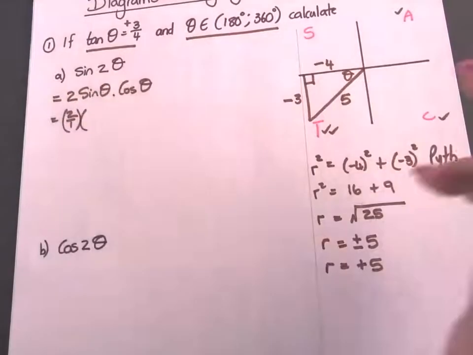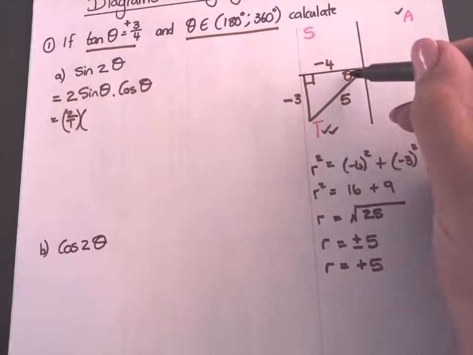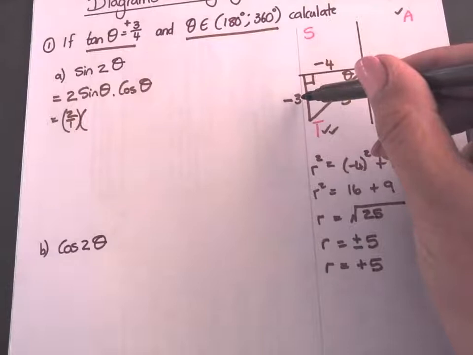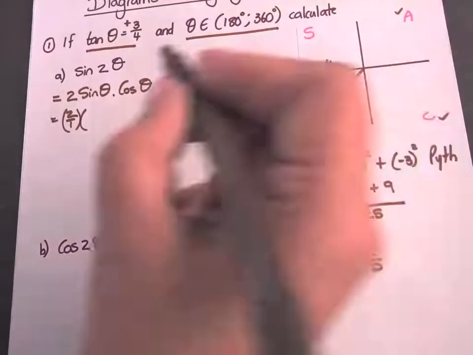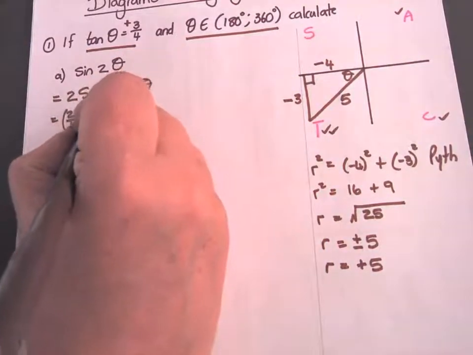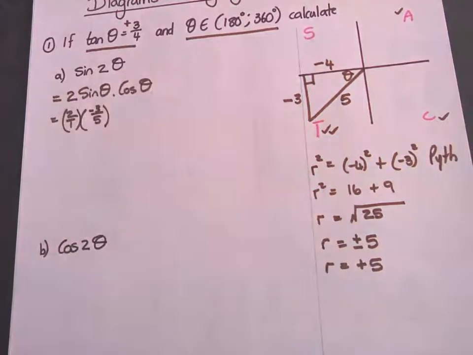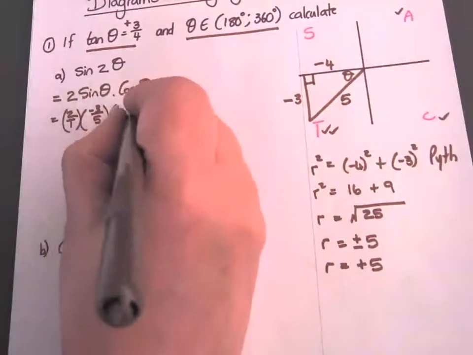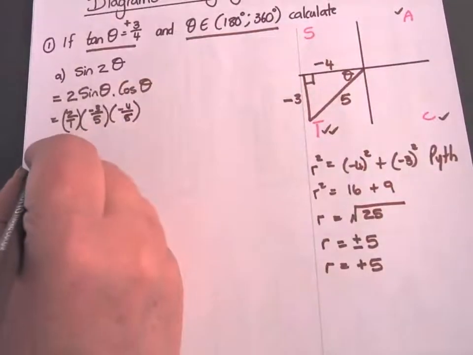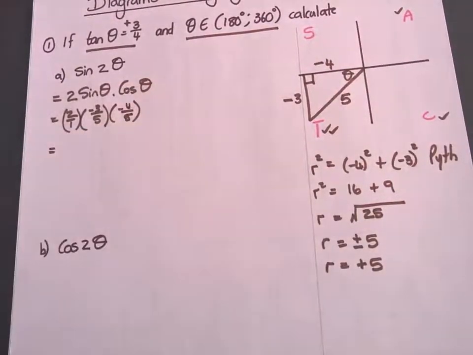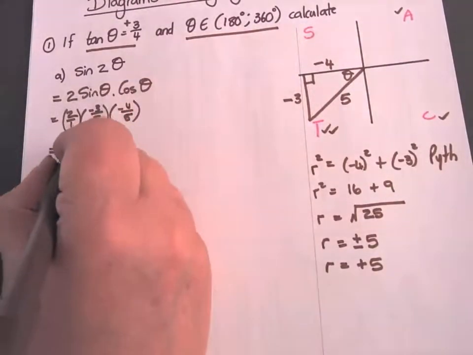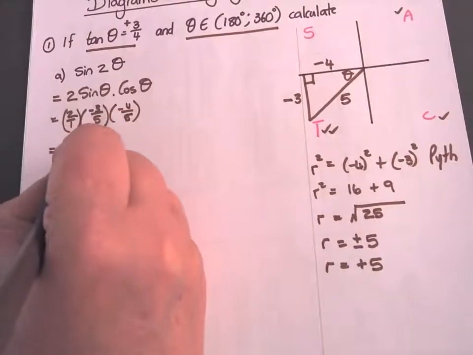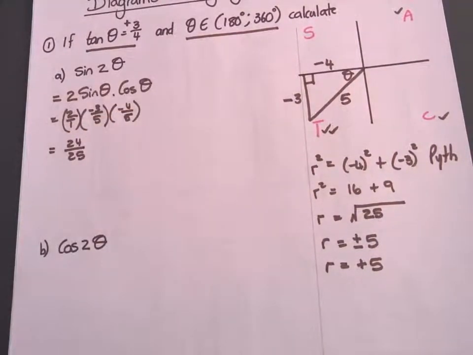Sine theta, opposite over hypotenuse, is minus 3 over 5. Cos theta is minus 4 over 5. If you type that into your calculator, you'll get an answer of 24 over 25. Any questions here?